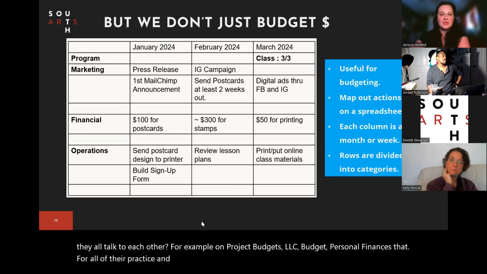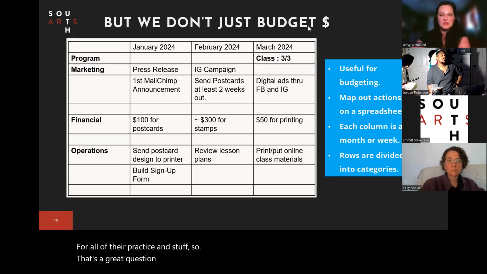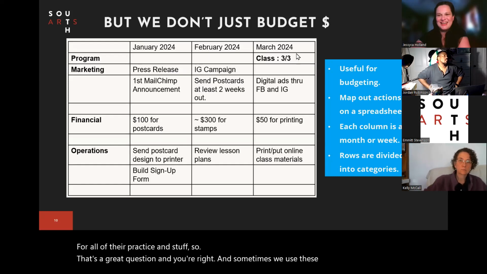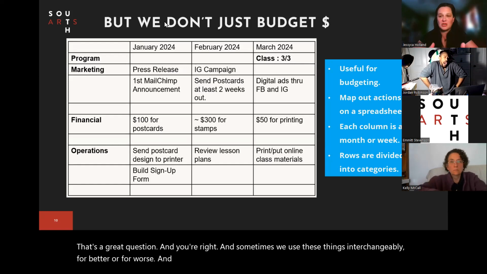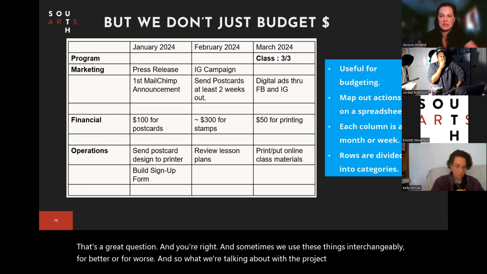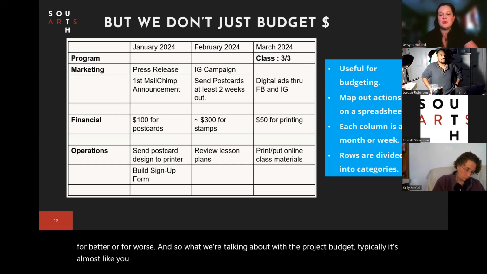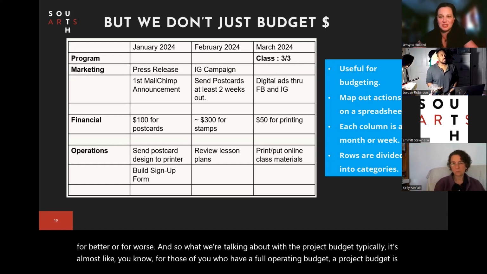So that's a great question, and you're right. Sometimes we use these things interchangeably, for better or for worse. What we're talking about with the project budget, typically, for those of you who have a full operating budget, a project budget is like a cross section of that.